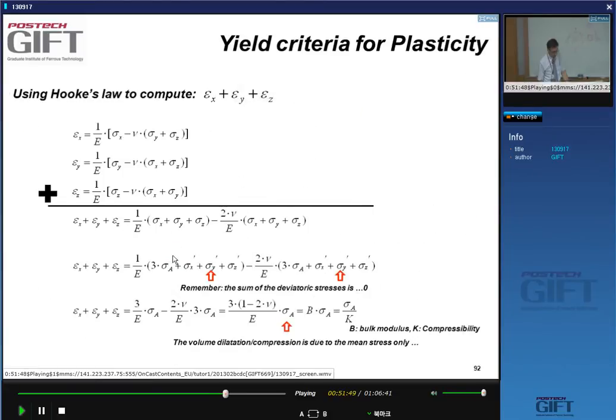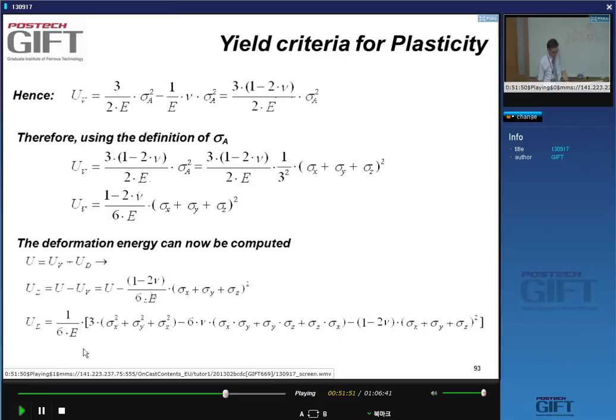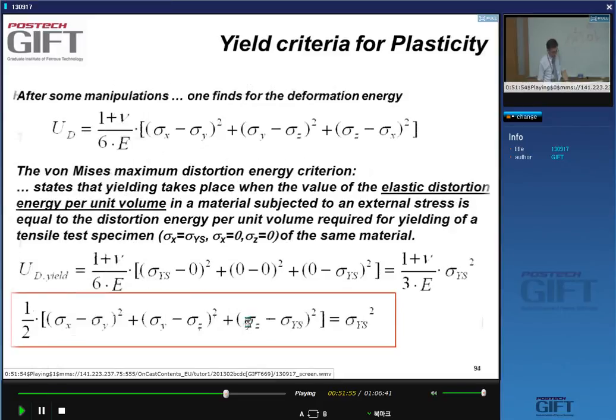So now we're back here. We need to do a bit of manipulation, but at the end you find the energy needed for the shape change is given by this very nice and simple equation, if again we do not have to take shear stresses into account.